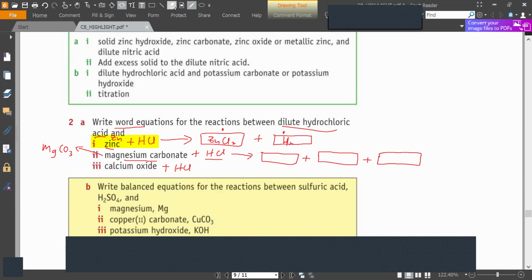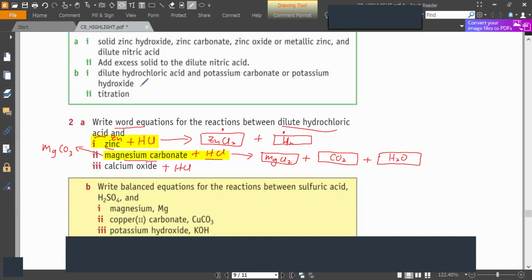So what are the three products? Magnesium chloride. Hydrogen and CO2. Close. It is CO2 and water.